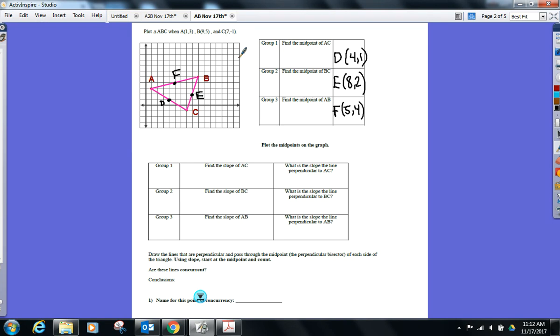And please make sure it's in lowest terms too. Reduce your fraction for me, if you can.